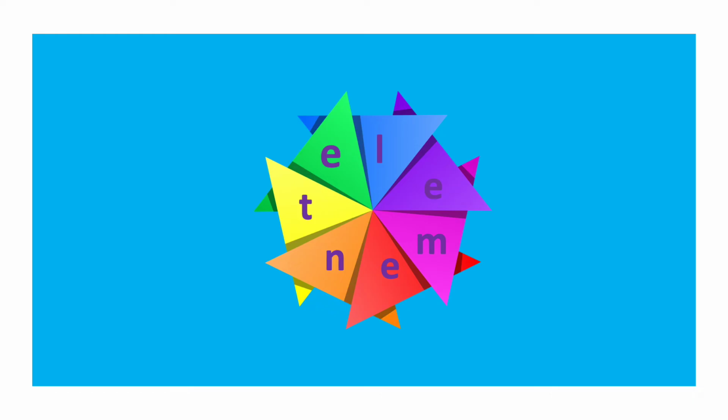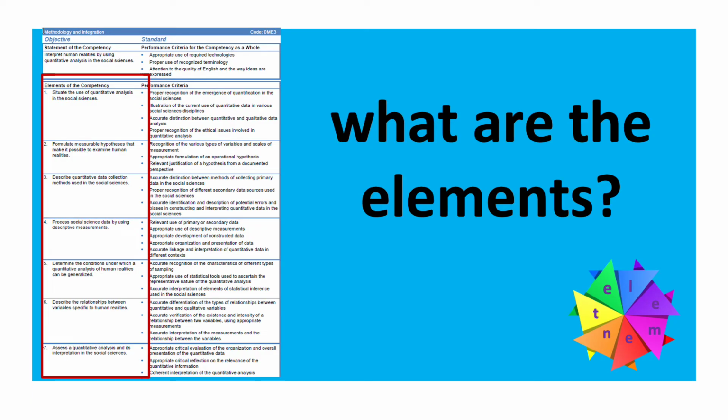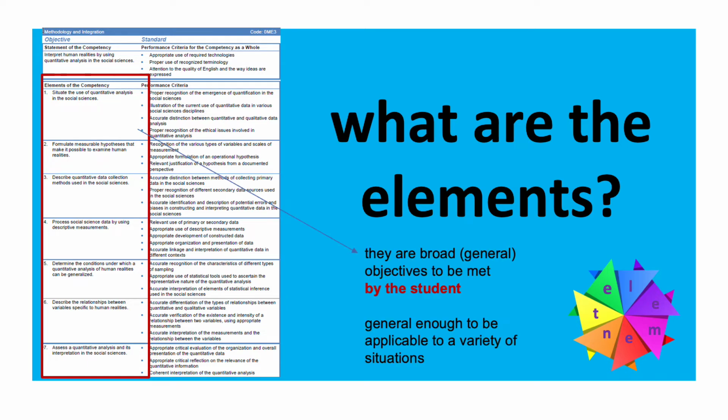We've seen that competencies are defined as a set of objectives and standards broken down into elements of the competency. So what are the elements of the competency? They are broad or general objectives to be met by the student, and they are general enough to be applicable to a variety of situations.